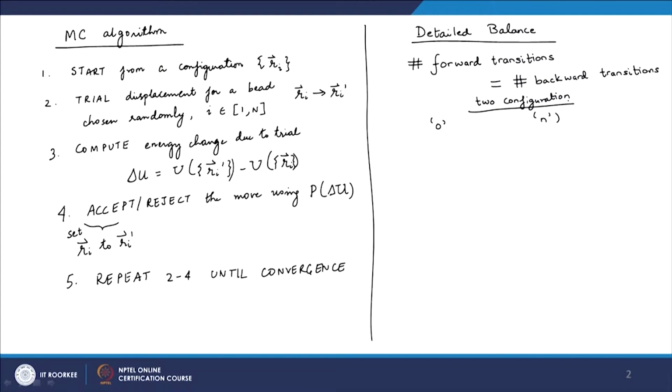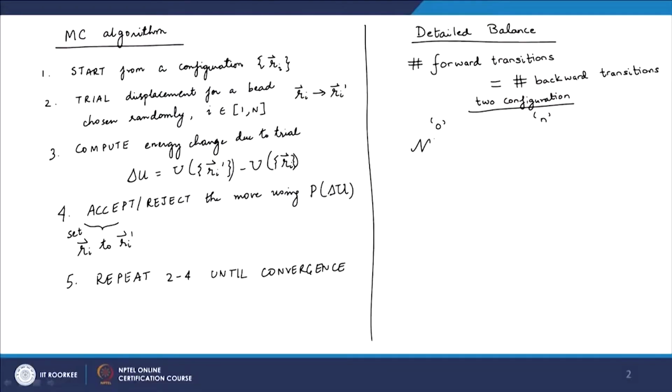Then the system at equilibrium will have a certain probability to be in configuration O and a certain probability to be in configuration N. We do not know essentially what that probability is, we will come to that in a moment.